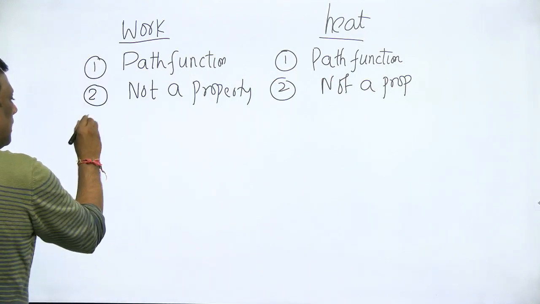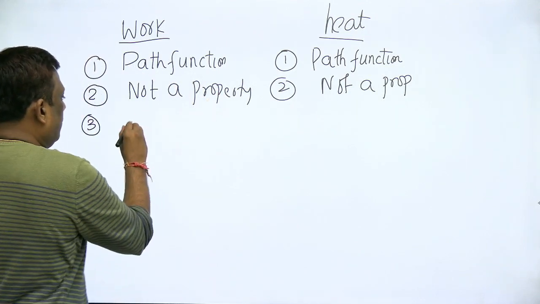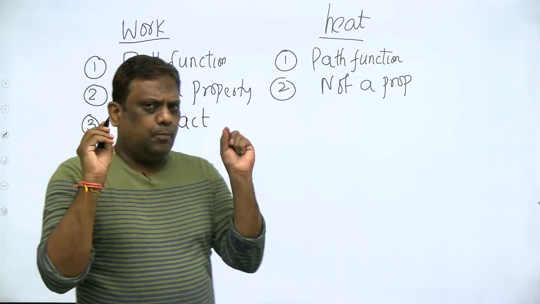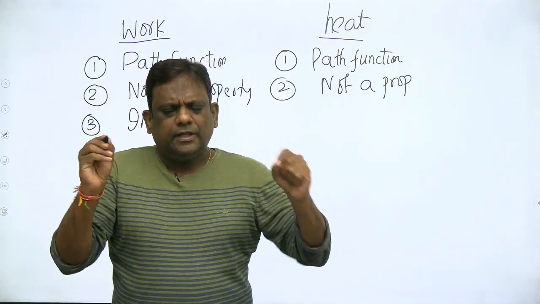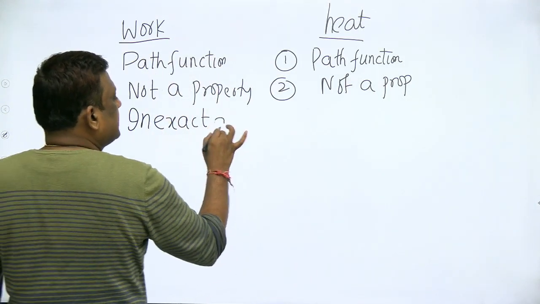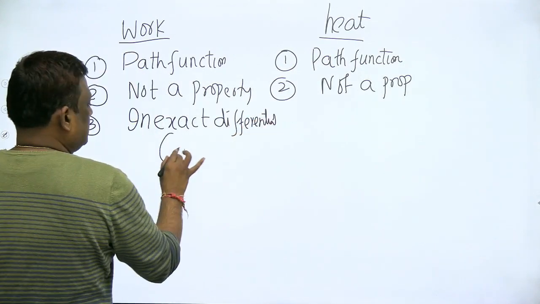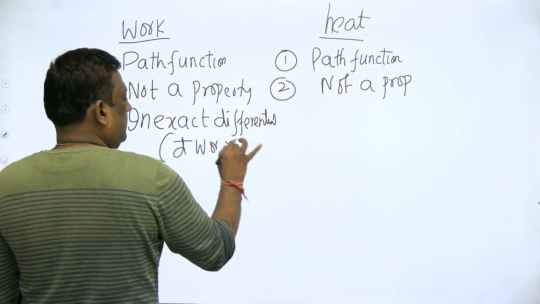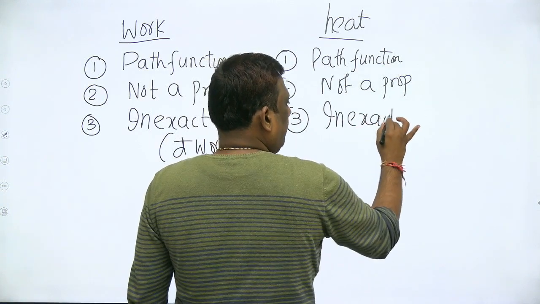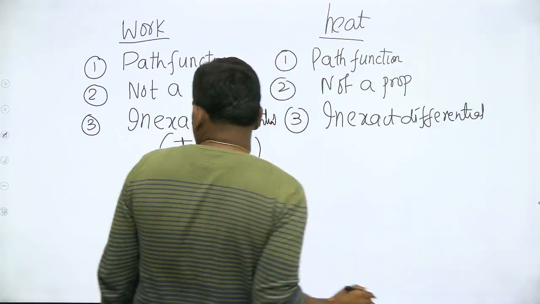Third, all properties are exact differentials. Since it is not a property, it is an inexact differential. What do you mean by inexact differential? Between 2 points, if the path is different, even though the endpoints are the same, the value of that heat or work is not the same. So therefore, inexact differential. I write it as d dash w or del w. It is also an inexact differential.